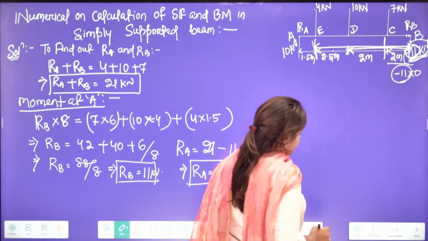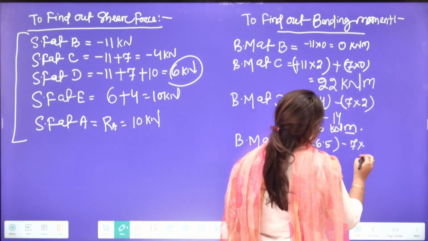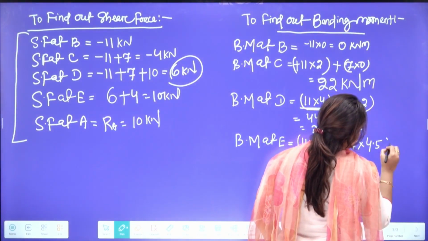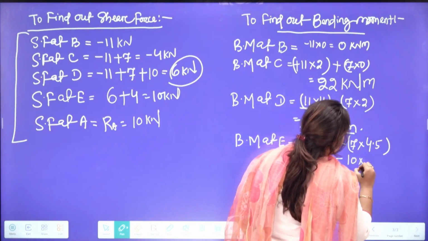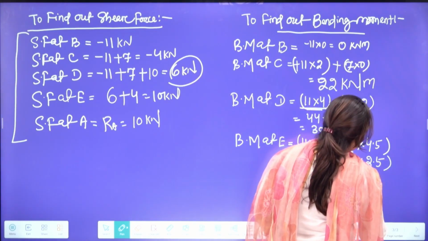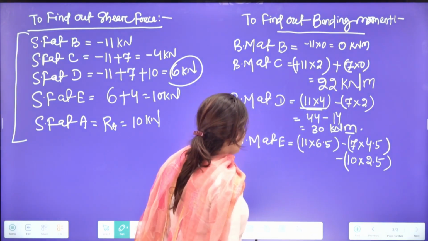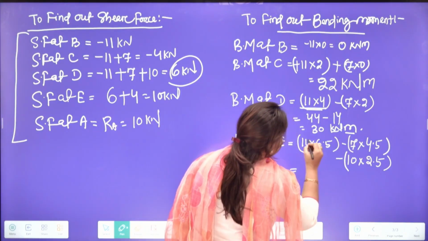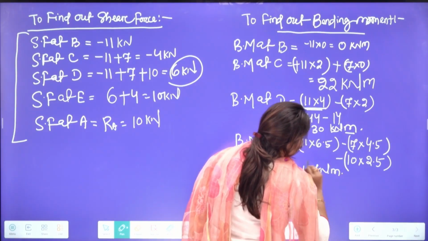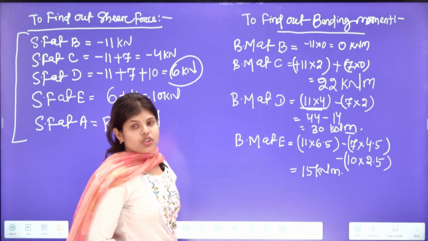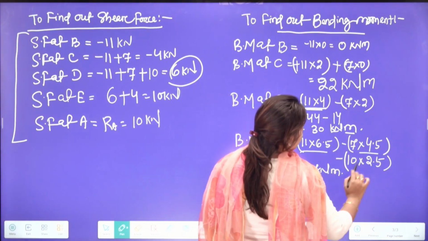So 4.5. 7 into 4.5 minus what? 10 into 2.5. So bending moment at E will be 15 kilonewton into meter. For recheck, you can calculate these things.